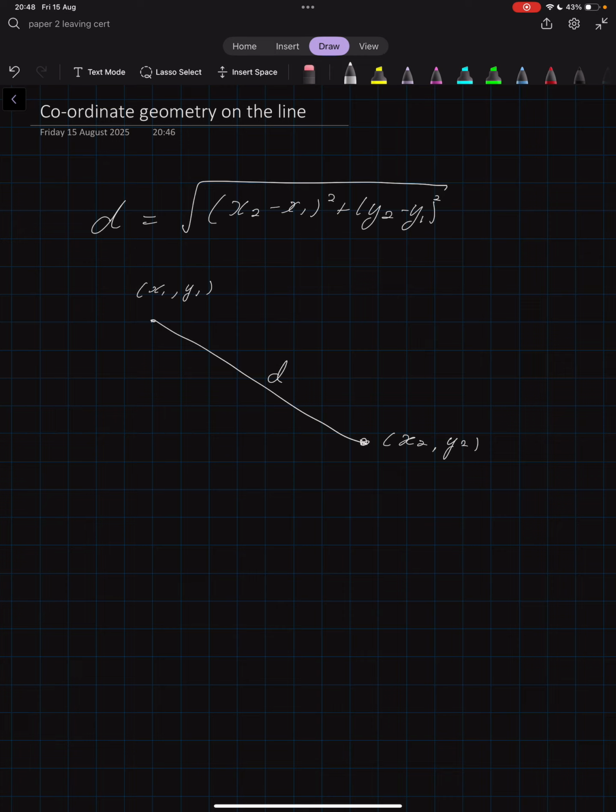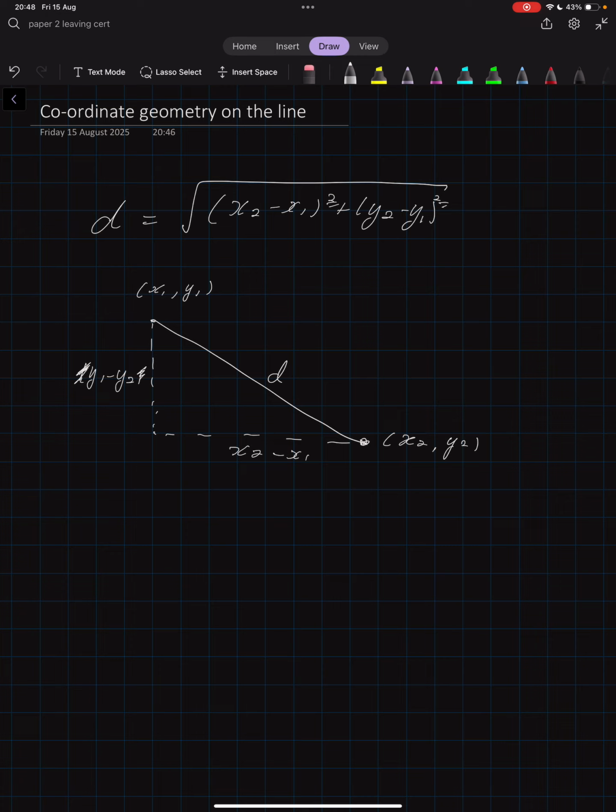It's just Pythagoras. If I asked you what this distance was, you'd say it's x2 minus x1, and this distance here is the magnitude of y1 minus y2. But obviously when you square it, it doesn't make a difference whether you have plus or minus.